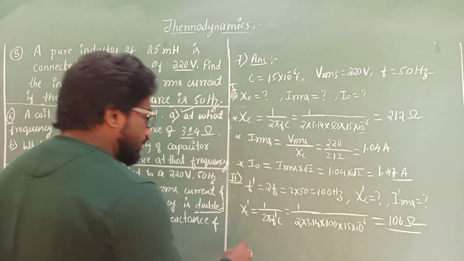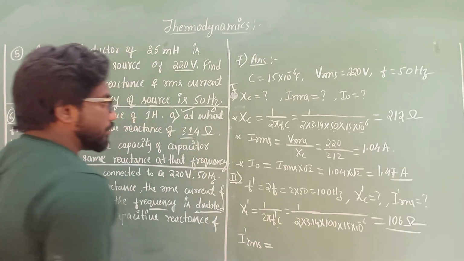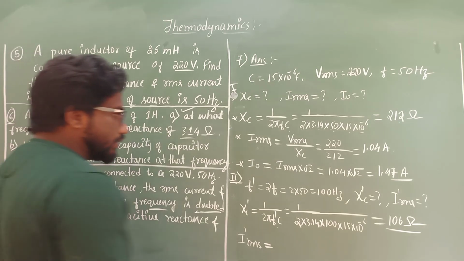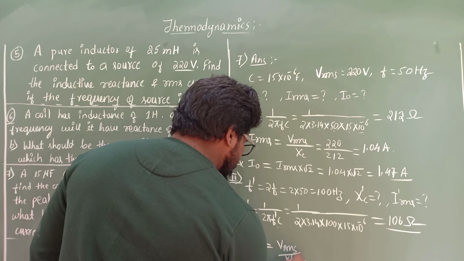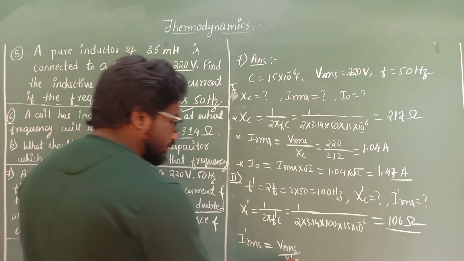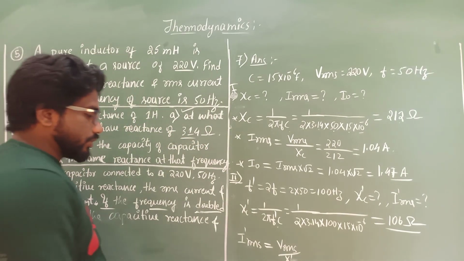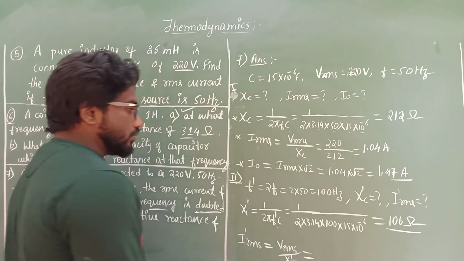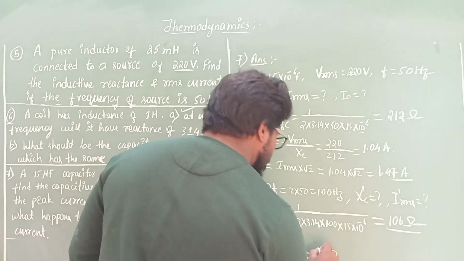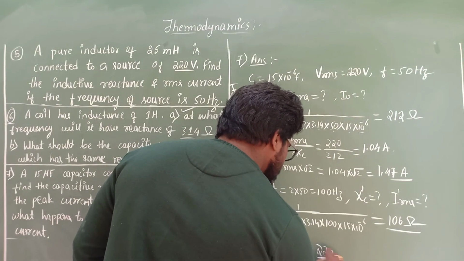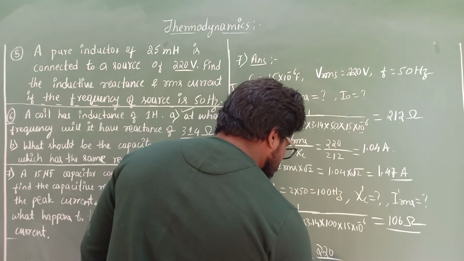Next, similarly, I dash RMS. What is the formula? It is VRMS divided by X dash C. VRMS is 220, divided by XC dash, which we got as 106.